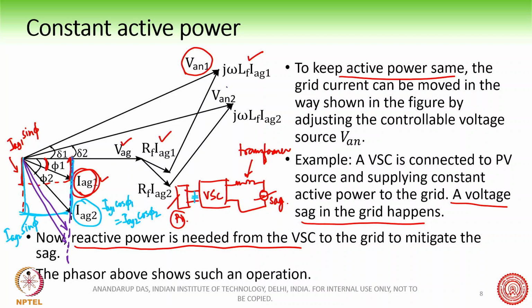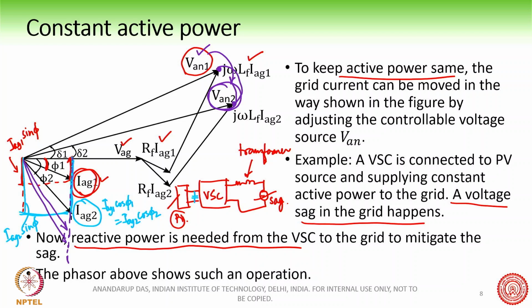This we are achieving by changing this phasor VAN1 to this one. Because this is the only controllable variable, we only have control over the converter voltage, and the converter voltage moves from this point to this point here.